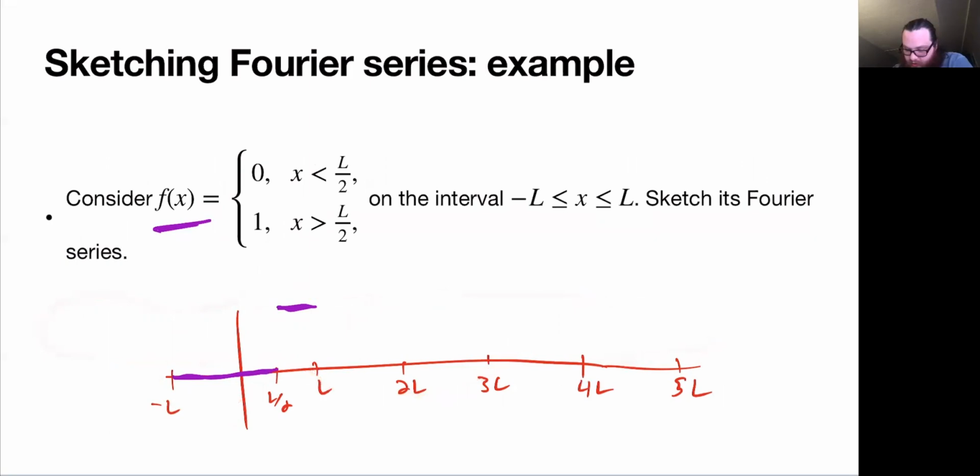And so for x about there, it's going to be the value of 0. And then for x halfway between the midpoint and the endpoint, so here 0 to L, shift by 2L, we're looking at 2L to 3L. Halfway between there, the value of the function is going to be 1. So this is sketching the periodic extension, say one period over. Do the same thing one more time. So it's going to be something like that, and then the value of 1 right there.